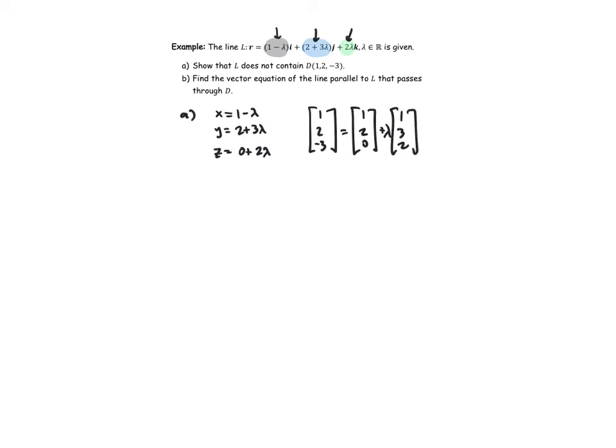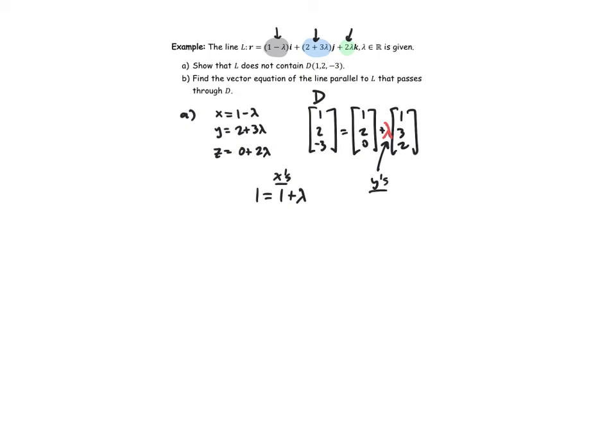In essence, I just put this in a vector equation, and I want to solve for lambda. This is point D. If L contains D, then lambda should be exactly the same for all 3 dimensions. So I'm going to set 1 equal to 1 plus lambda. That's my x's.